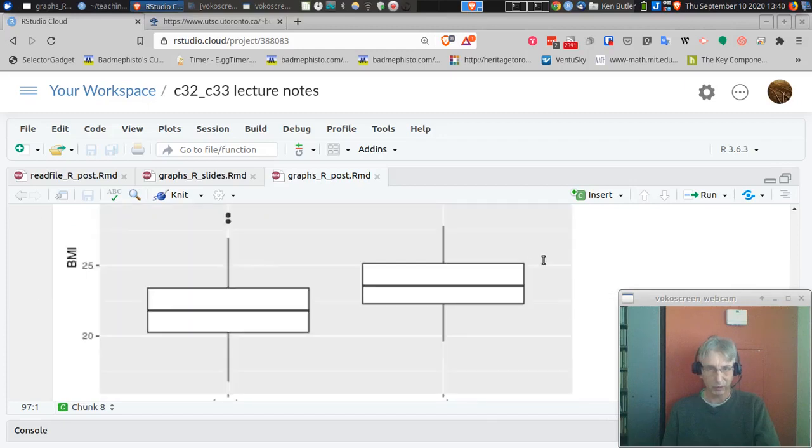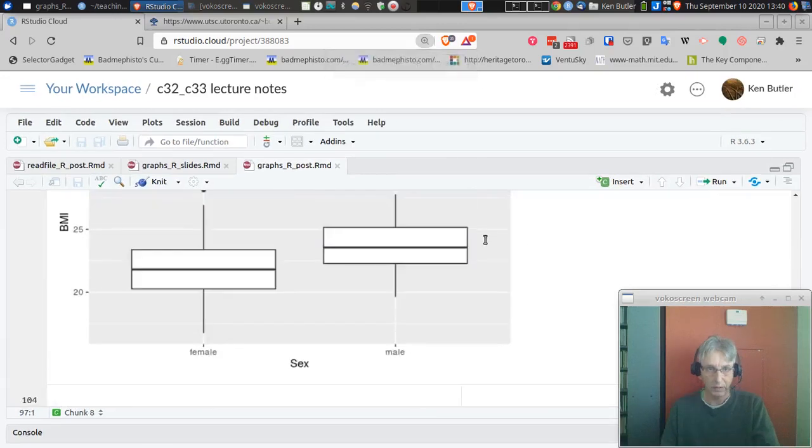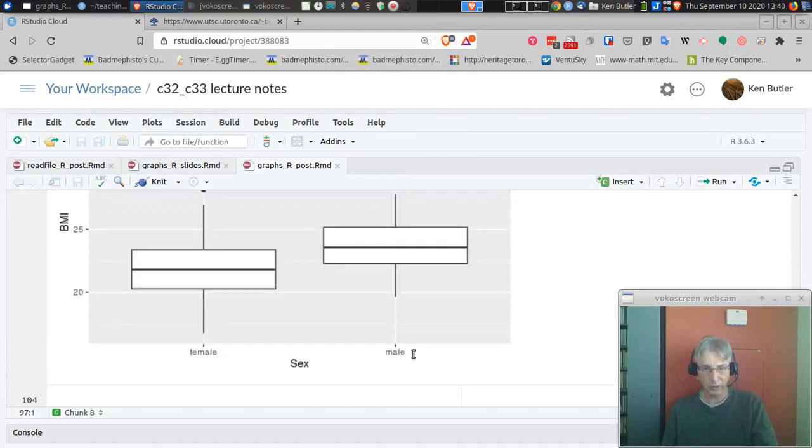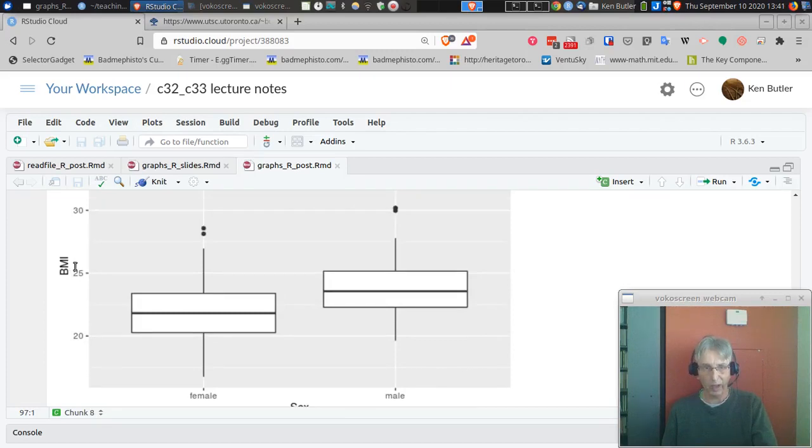And now we have to shrink this because it's too big. Something of this kind. So sex, the categorical variable sex in this case goes on the x-axis, and the quantitative one goes on the y-axis.